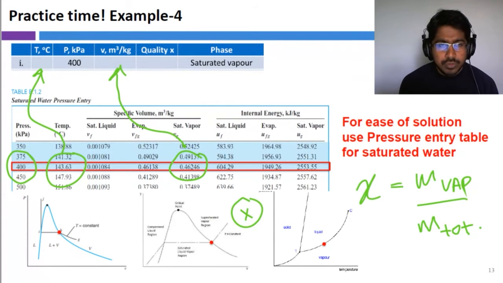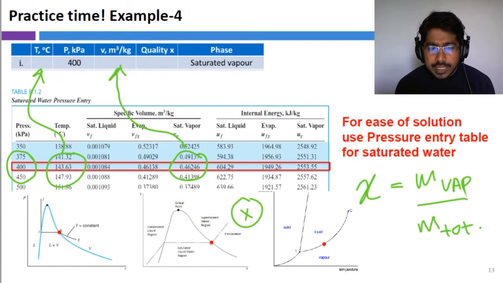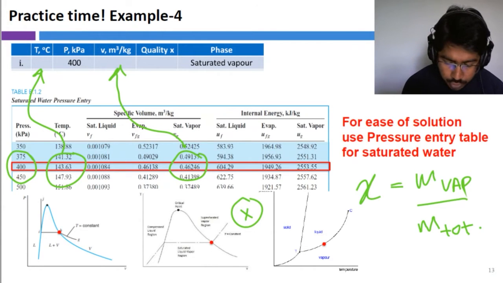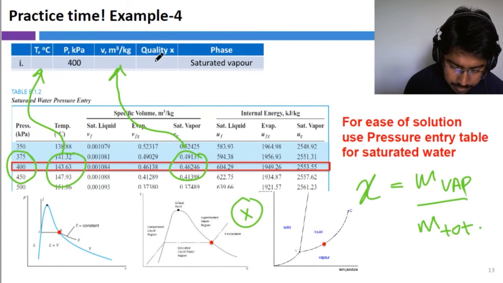Do we go like 2, 3, 4, 5, or we just say non-applicable? Awesome. It is non-applicable, right? For superheated or compressed liquid regions, the quality is non-applicable. It's not relevant, so we are not going to deal with that. So in this case, it's going to be 1, right?